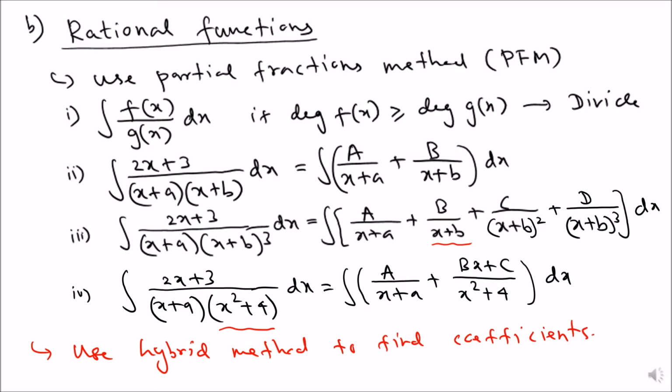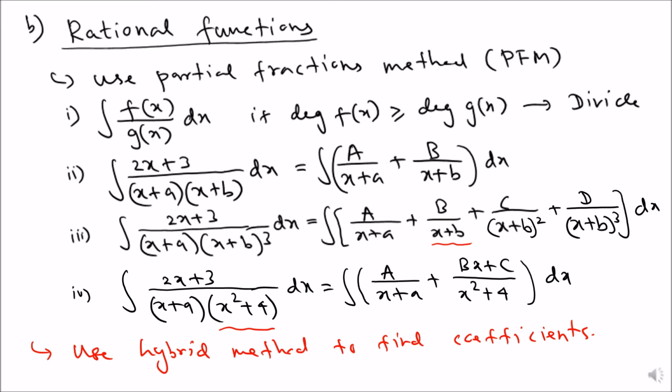Because the hybrid method is much faster, that's what we have been using. First we use a substitution and then we use the equating coefficients technique, because in that way you can find the constants faster. So that's what we have been doing when we solve problems using the partial fraction method.